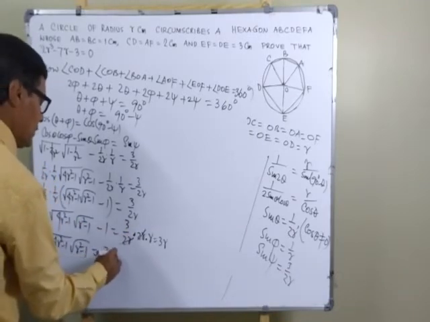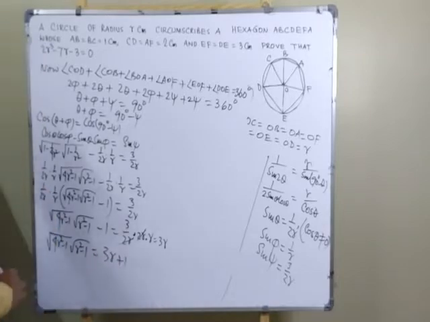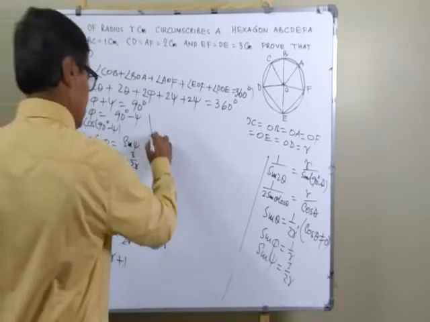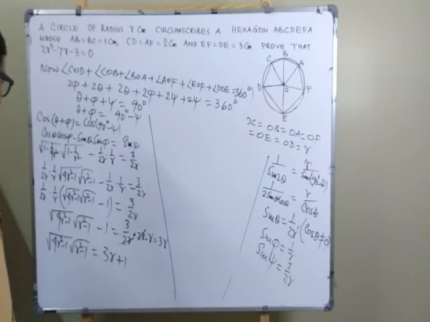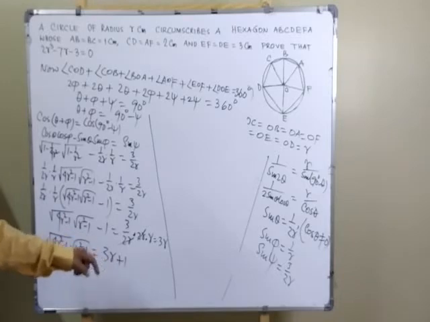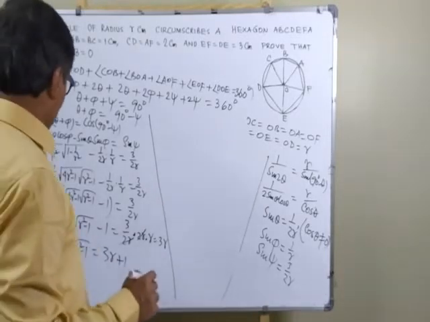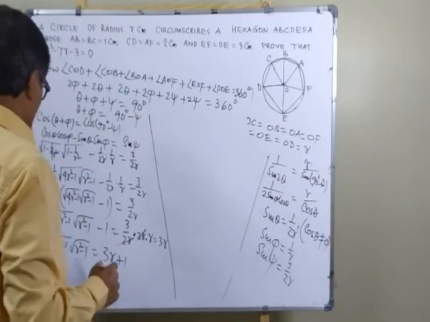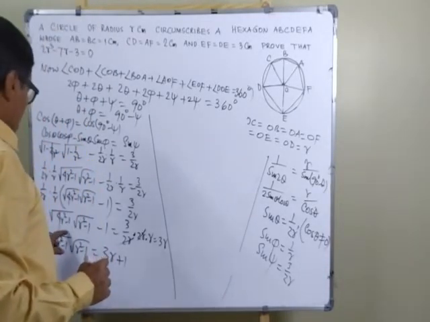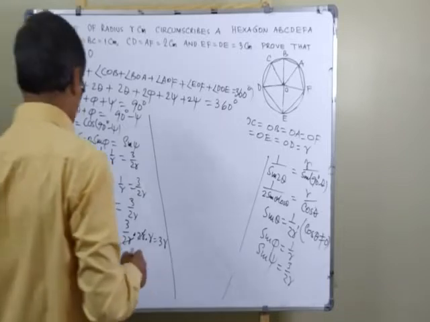So root of 4r square minus 1 multiplied by root of r square minus 1 is equal to 3r plus 1. Now we can take the square of both sides of this equation.